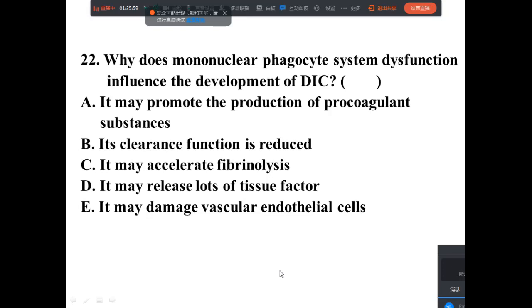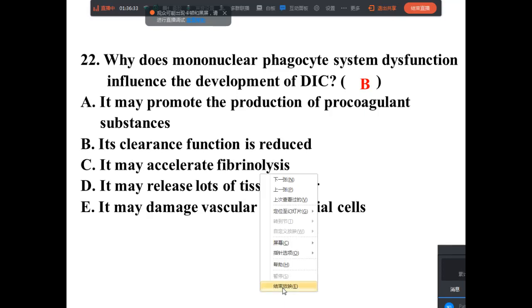It can phagocytize and remove coagulation factors. Now, with dysfunction, the clearing function decreases. So it can't remove or phagocytize coagulation factors. So coagulation factors increase, coagulation function increases. Now it is DIC.